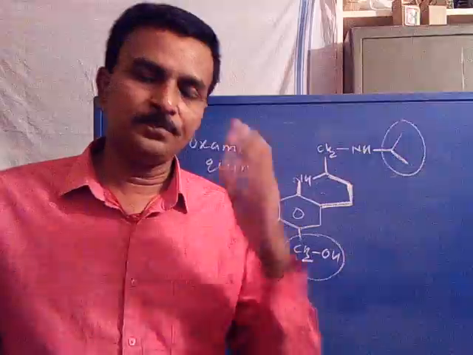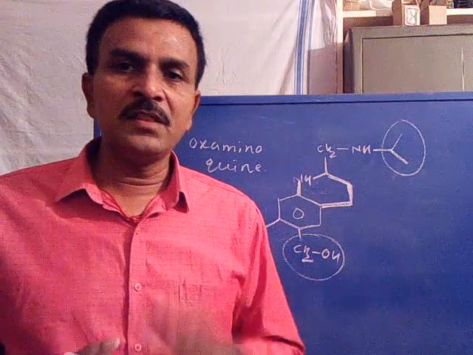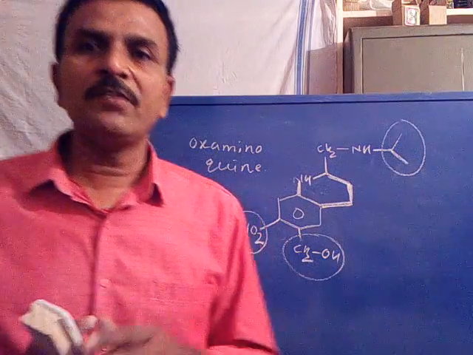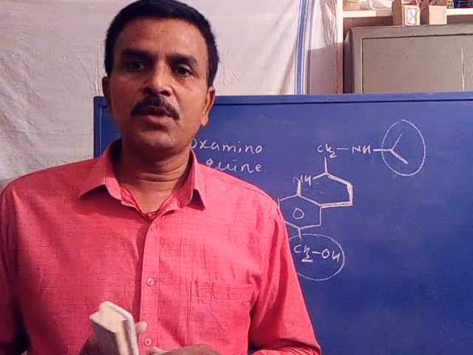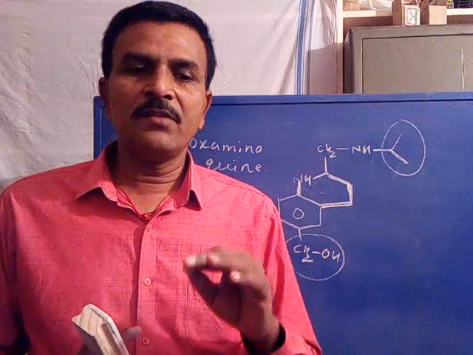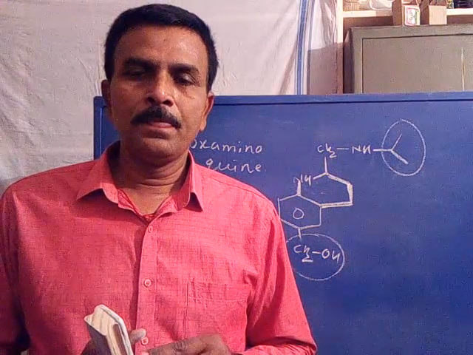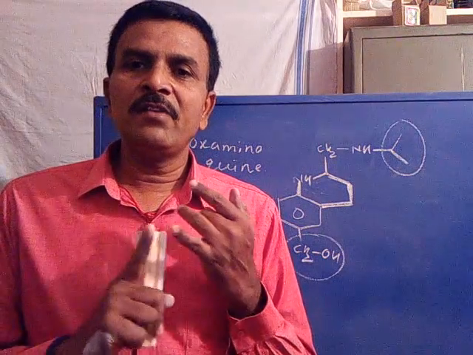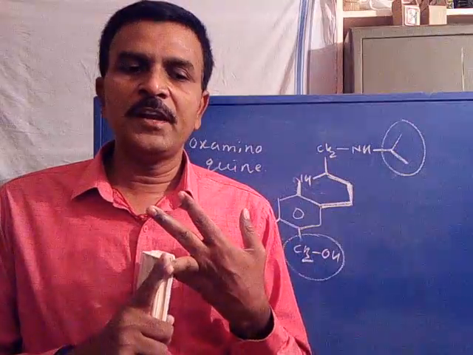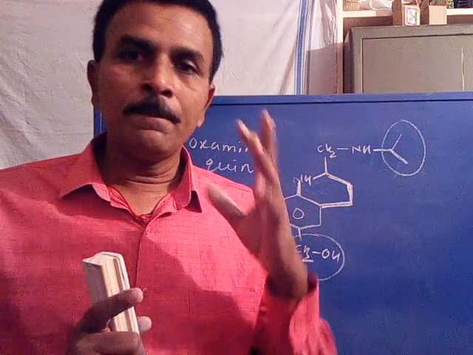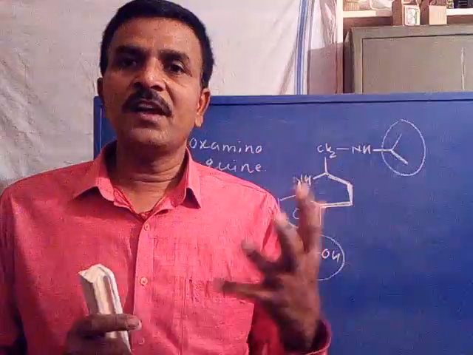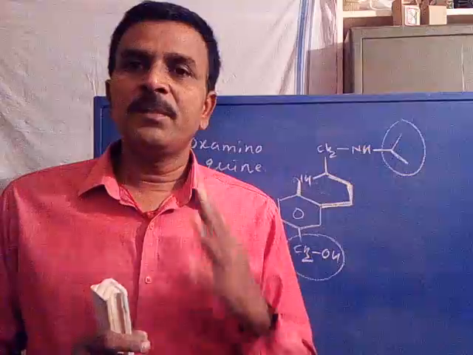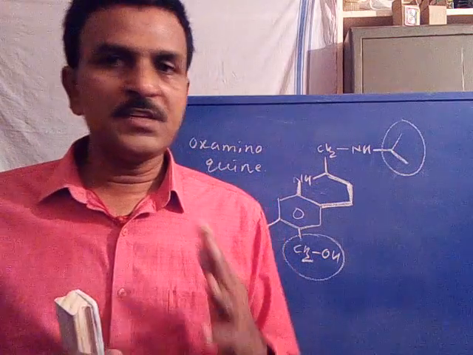Is it clear? Now you have 4 discoveries in this chapter. After oxamniquine, you have to study the discovery of salbutamol, the third one is the discovery of cimetidine, and the fourth discovery is the discovery of captopril, which is antihypertensive.